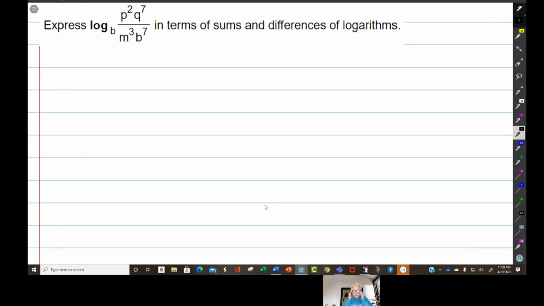So here we go. I'm going to put parentheses around the numerator and parentheses around the denominator.